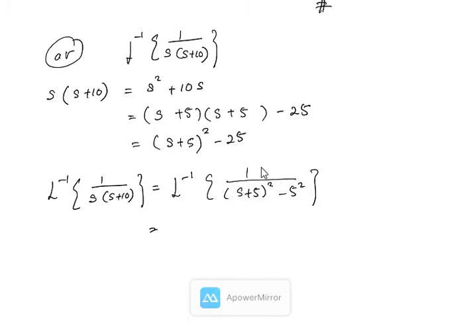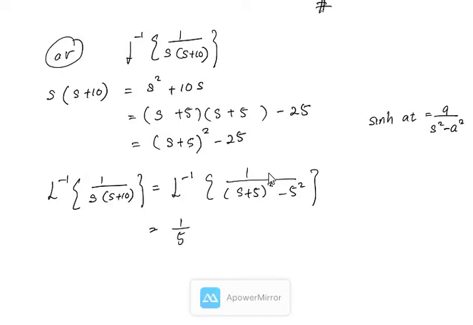If you look at this form, actually it refers to a sinh. Because sinh at is equal to a over s squared minus a squared. So it's more or less like this form, s squared minus 5 squared. So this is the a. So this one must be multiplied with 5. So therefore, you have the 5 here. We must cancel out the 5 by multiplying by 1 over 5.